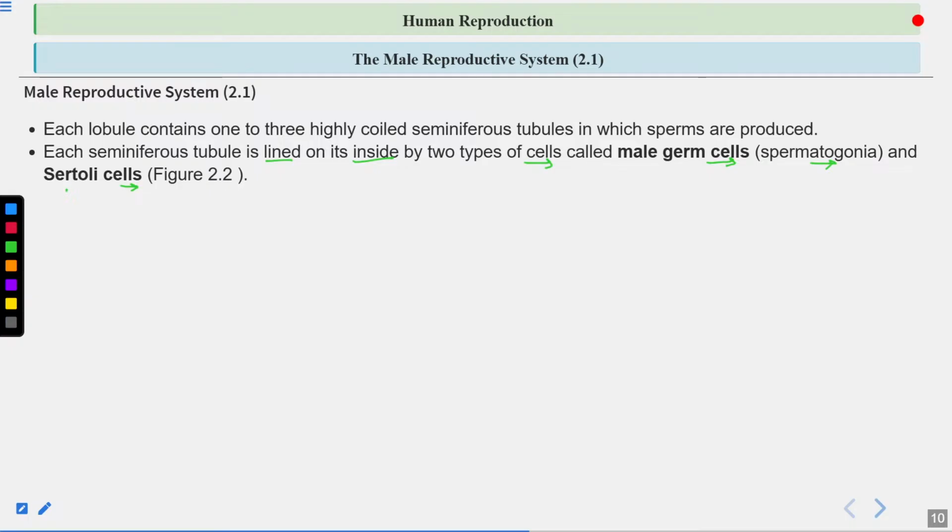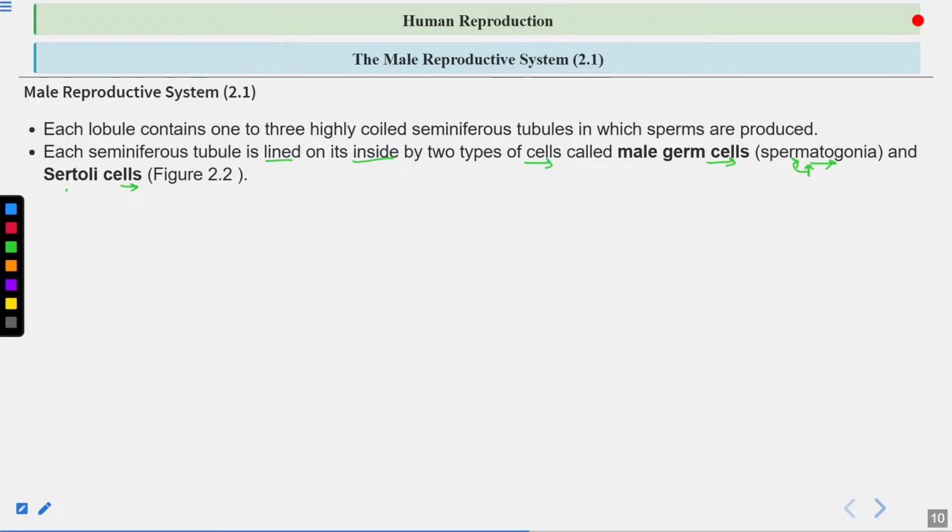These spermatogonia are kind of stem cells. Why are they kind of stem cells? Because they keep on dividing. They can self renew themselves. They can undergo mitosis and make more copies of themselves.